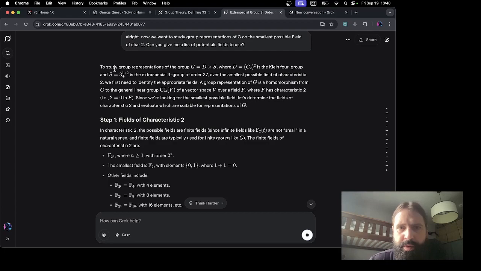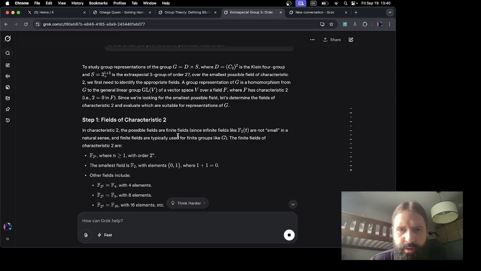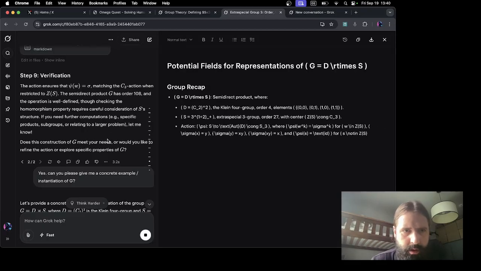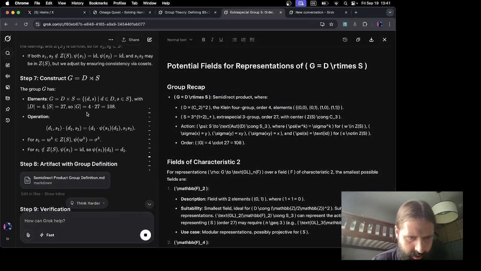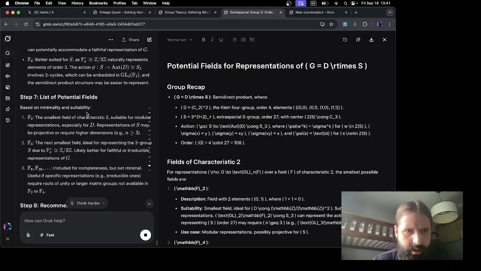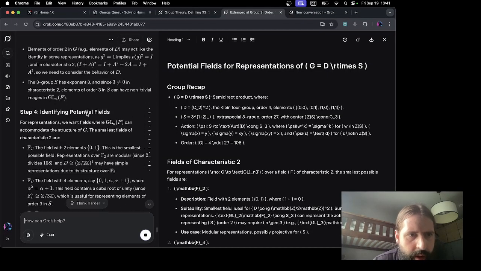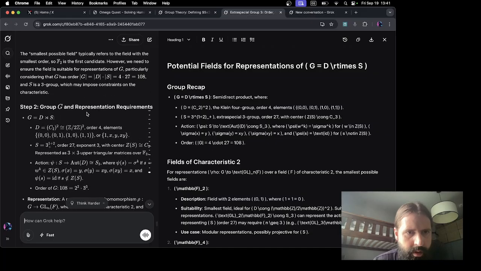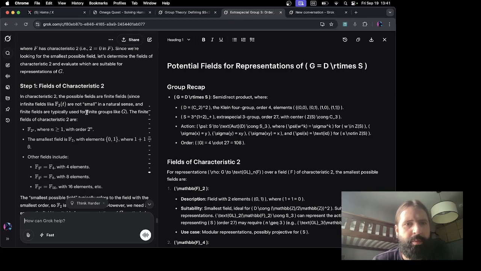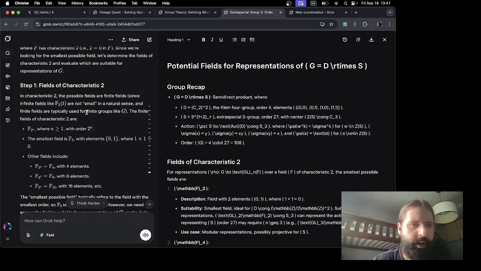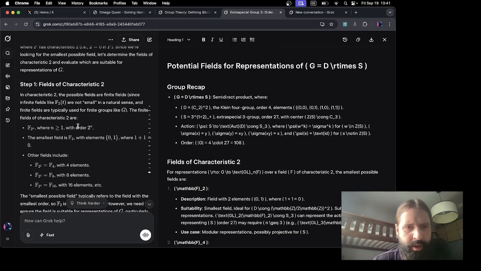To study representations of group G, the possible fields are finite fields, since infinite fields are not small in a natural sense, and finite fields are typically used for finite groups like G. The finite fields of characteristic 2 are F2 to the power of n.